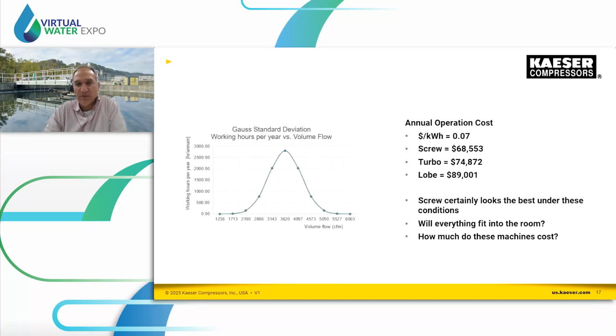So we'll do the same evaluation right in the middle. Here we can see, no surprise, the efficiency of the screw was better in this condition, how it is more efficient. And of course, we can see how the old technology is suffering. But again, we need to know what size the room is, how we're going to fit these machines in there, and also what the machine cost looks like.